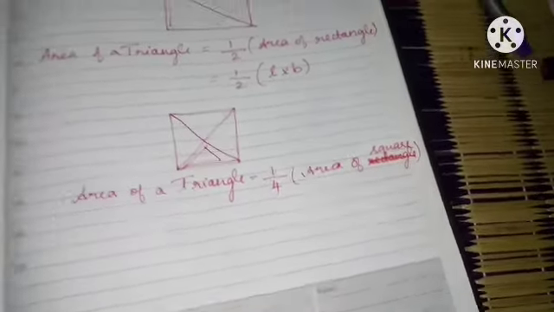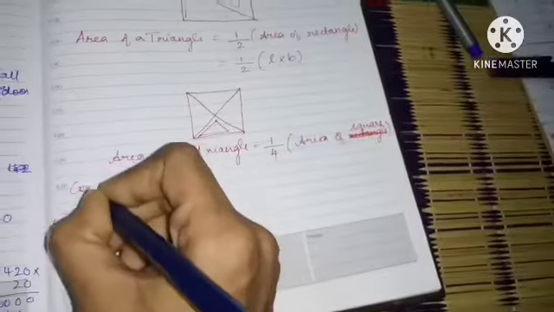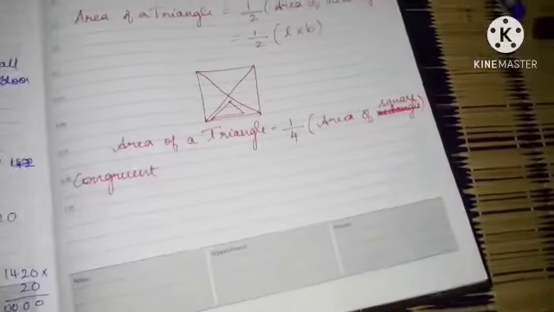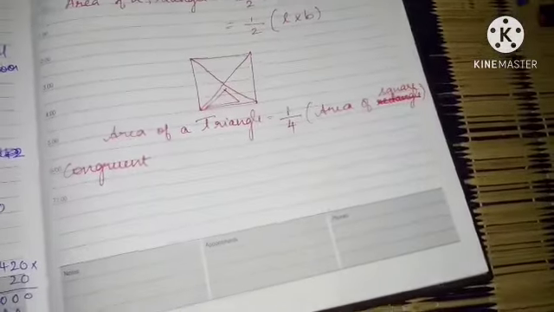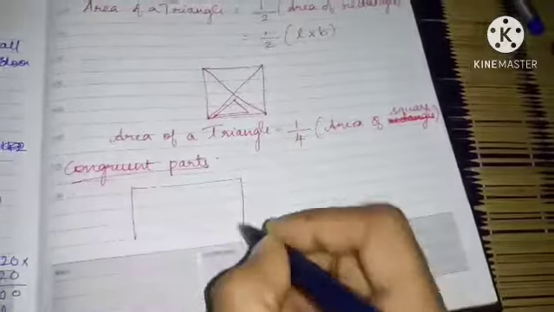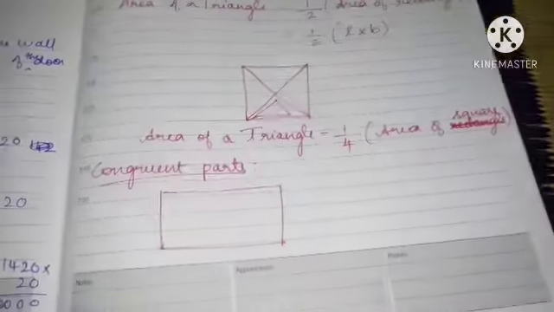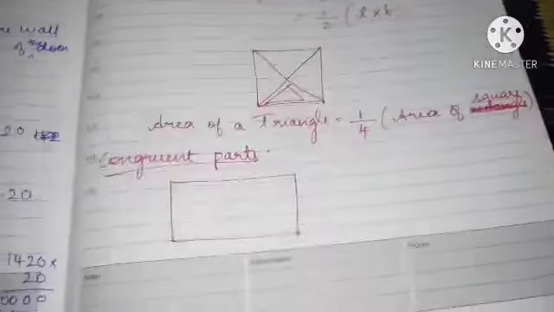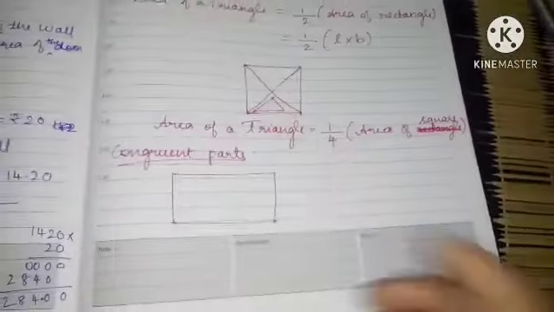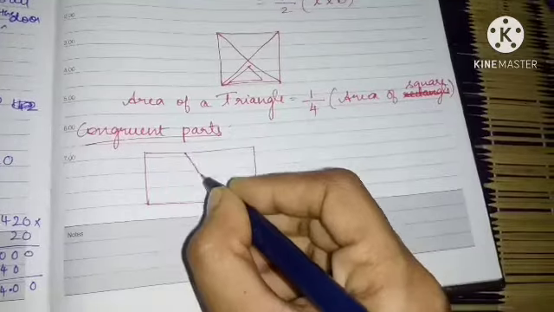Okay, next, you are coming to congruent shapes or congruent parts. When you are dealing with congruent parts, congruent means what? Both parts will be equal. When a rectangle is given, I want to separate this rectangle equally. So I am just going to separate it equally.